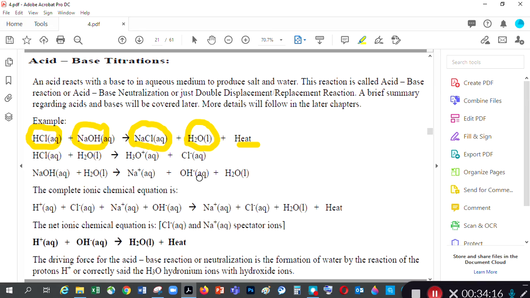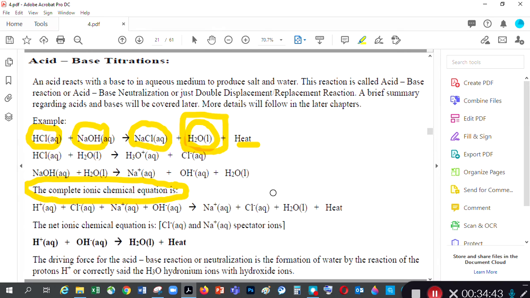So we have all the details about the complete molecular equation. This is molecular. We are not taking anything apart. Now, if I want to take it to the complete ionic equation, I have to take everything aqueous except H2O. This is liquid.